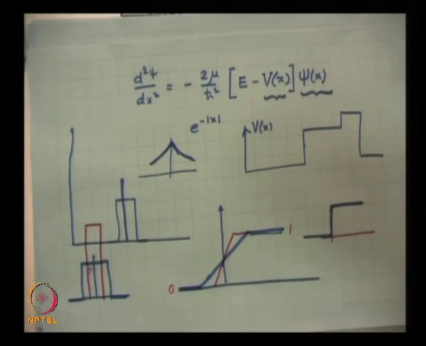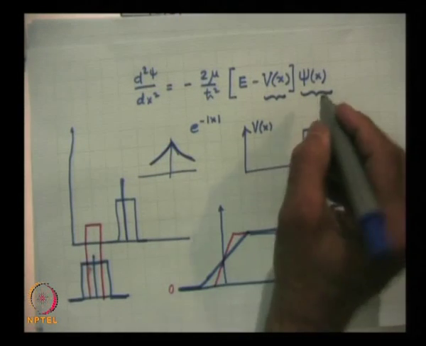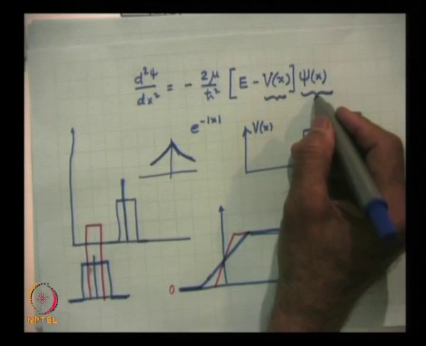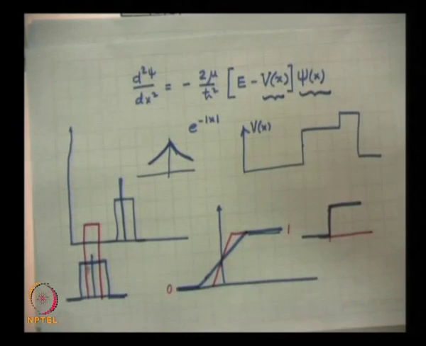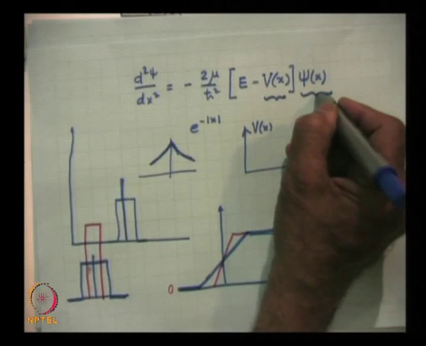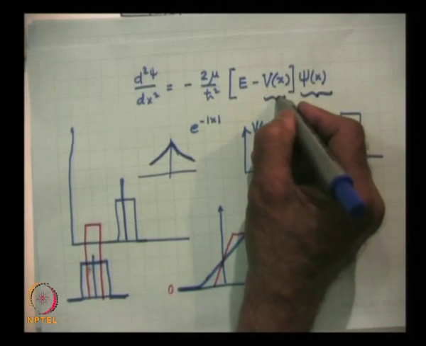So, we come back to this equation and we say that let us suppose psi of x is continuous, but d psi by dx is not. Then this is finite and continuous, this is finite and continuous.